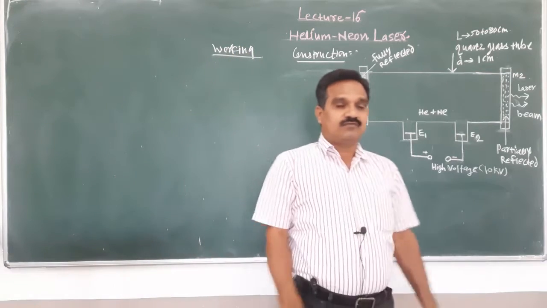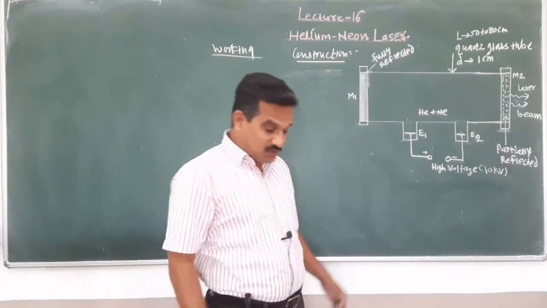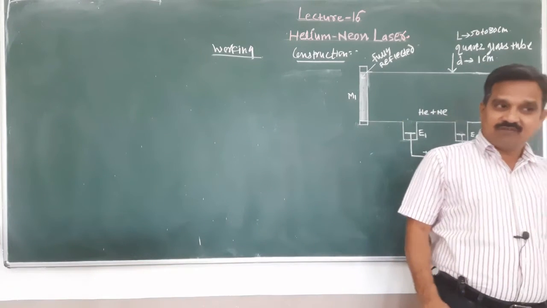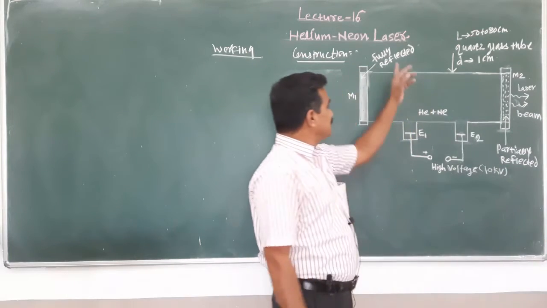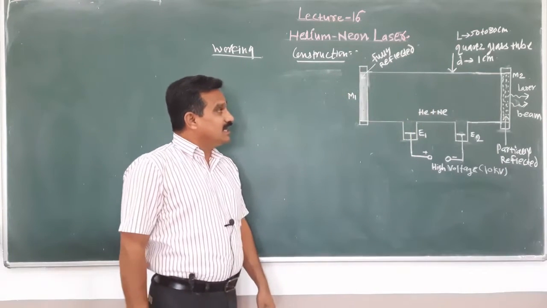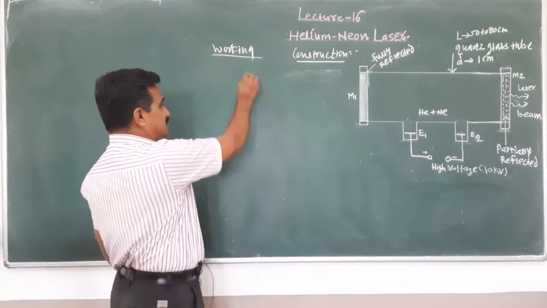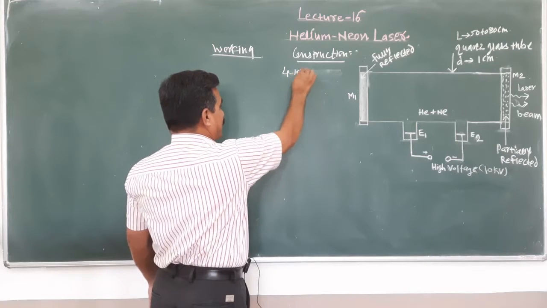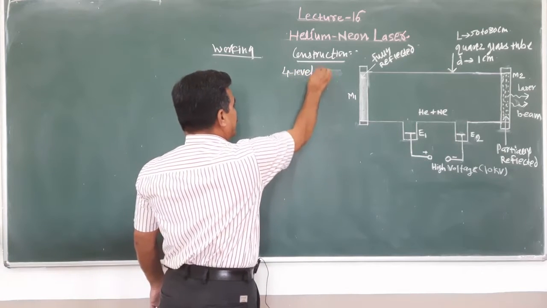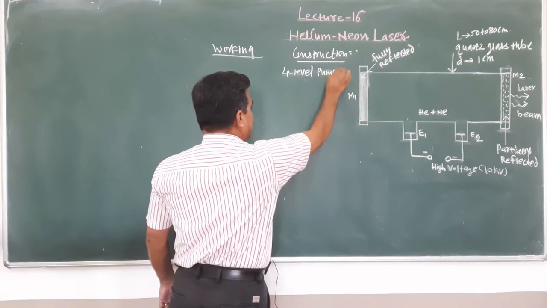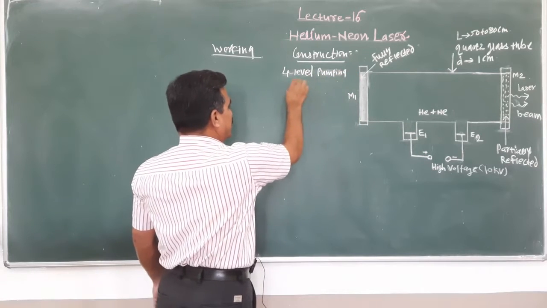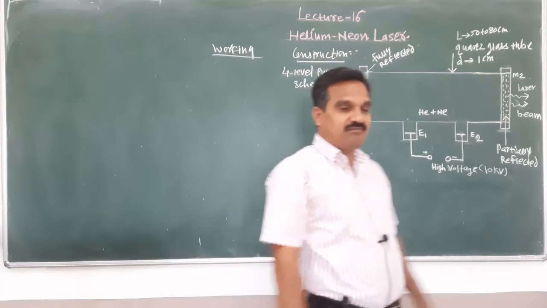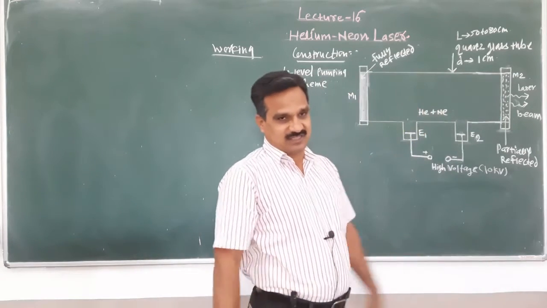From the working point of view, the first point you remember is that the ruby laser employs a 3-level pumping scheme, but the helium neon laser uses a 4-level pumping scheme. Remember this first point, 4-level pumping scheme. This is the main difference between the ruby laser and the helium neon laser.